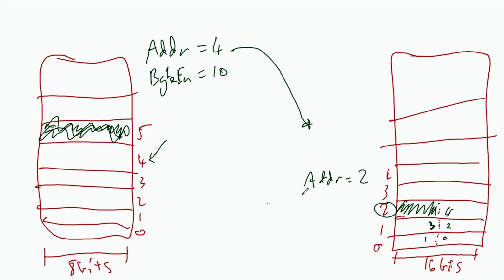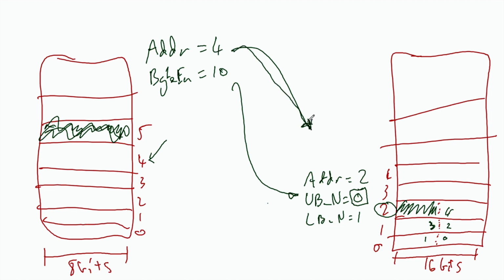Yeah? And the byte enable bits will become 0, 1. Your upper byte would equal 0, and your lower byte would equal 1, to say that this byte is activated. Yeah. Okay, so that conversion here is actually a division of 2.